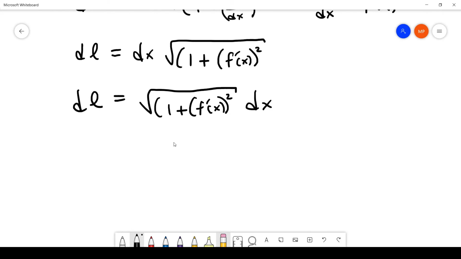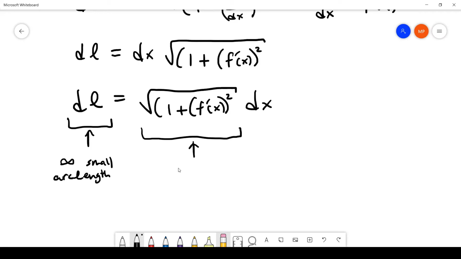And then what we're going to do now is take our integral. So what this equation is describing is that we have an infinitely small arc length, and what we have here is some function f of x and some width of dx.